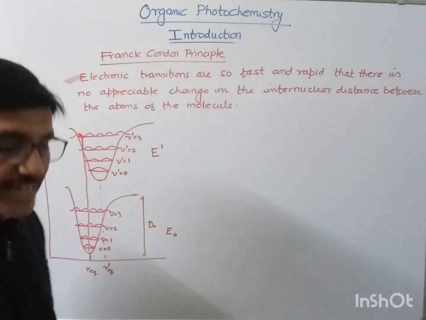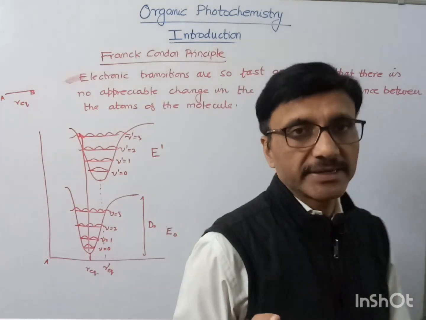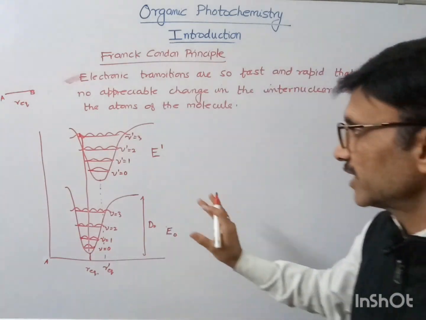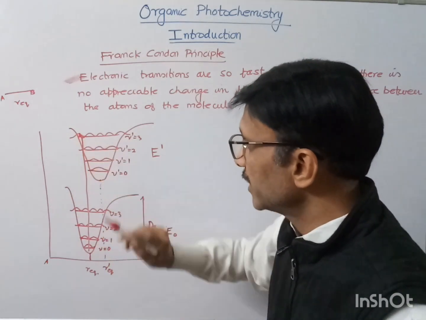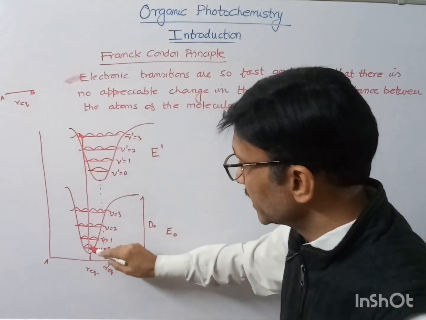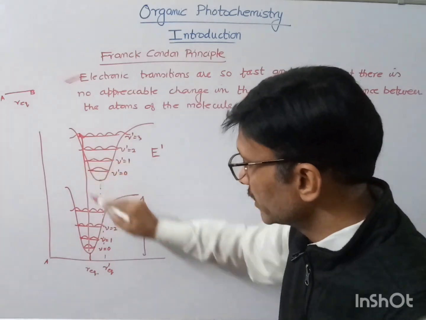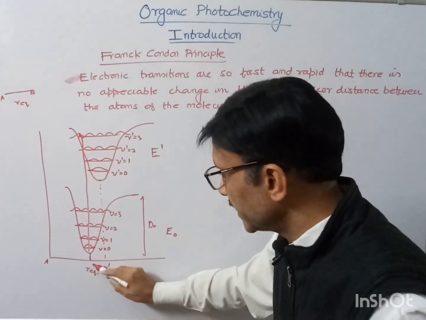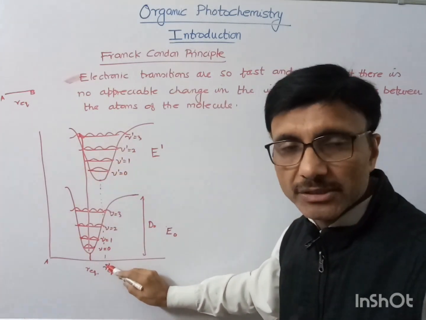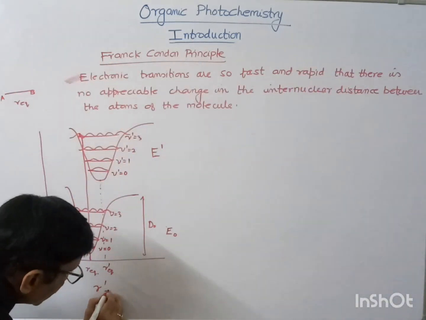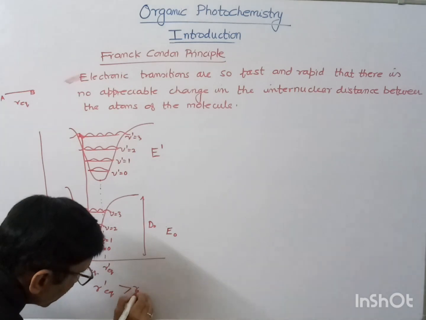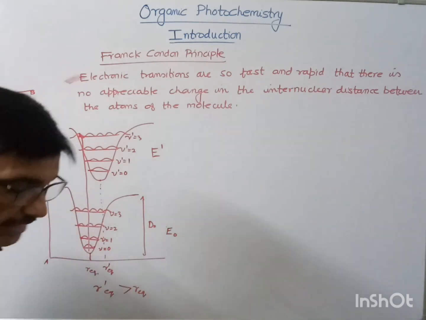This is the expected figure. During the electronic transition, the internuclear distance is changing, since this R dash equivalent is more than R equivalent. So we expect this much.